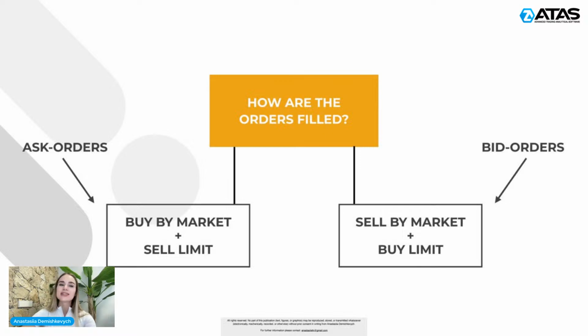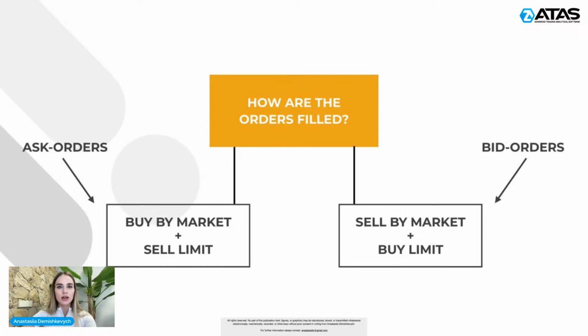Why? Because the ask side, the buy side, was more aggressive. Now, on the other hand, a market sell order plus a buy limit order is a bid order. Why? Because the bid side was more aggressive. And delta shows you the difference between these two types of orders.